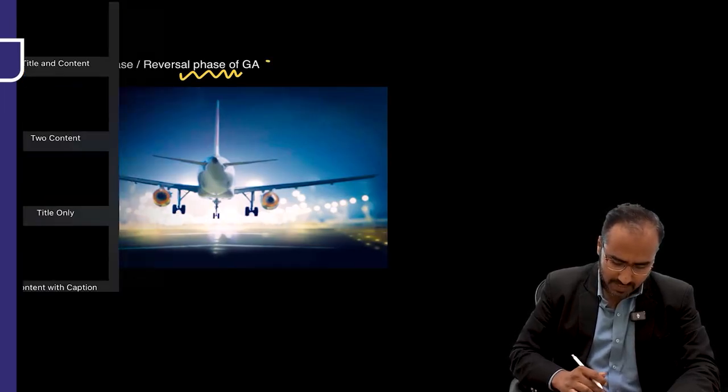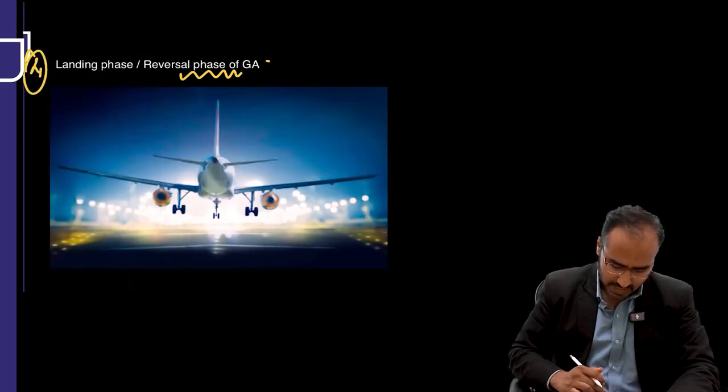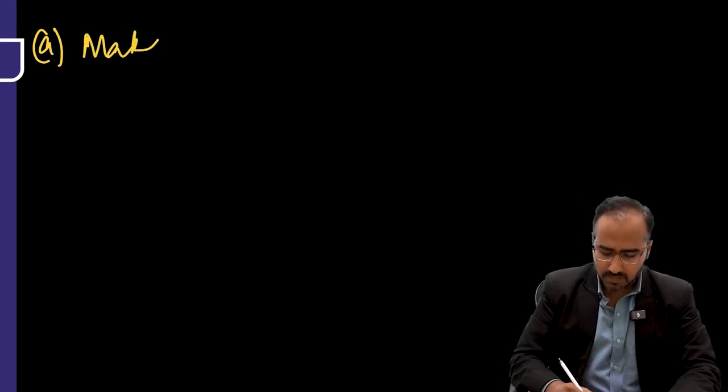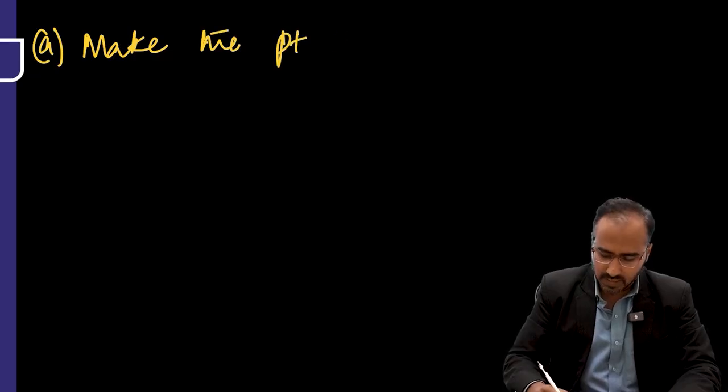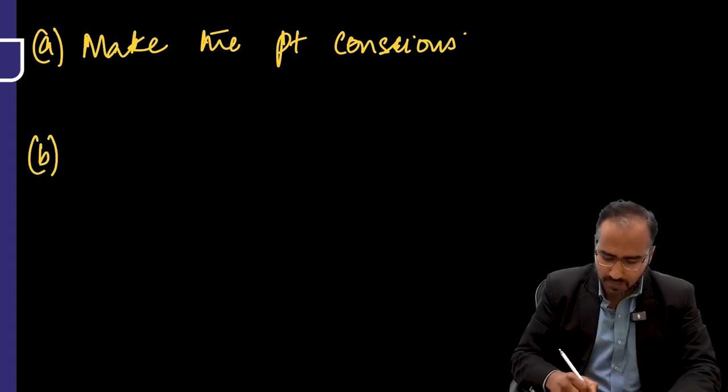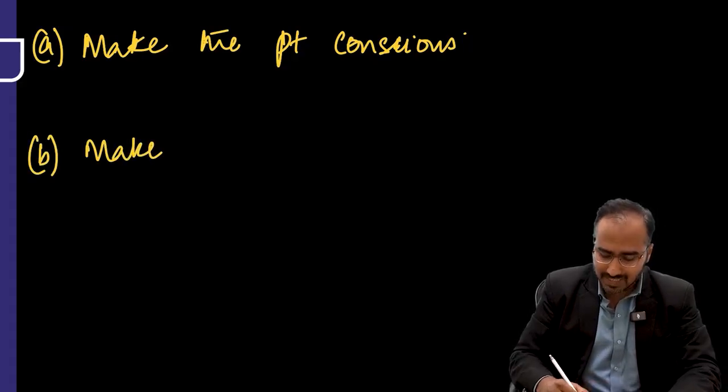What should be your aim in the reversal phase of general anesthesia, guys? Surgery is done. The aim should be to make the patient conscious. The second aim should be to make the muscles contract.